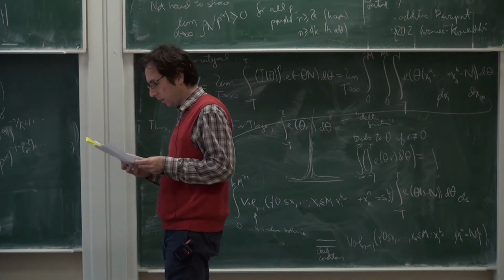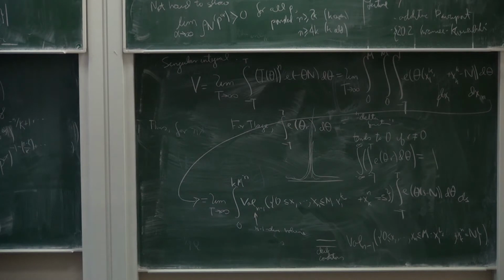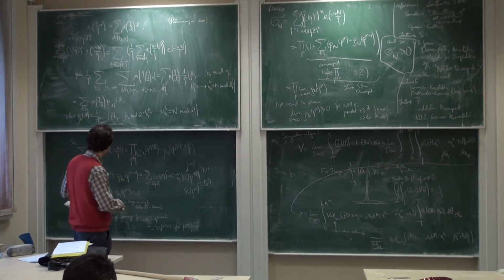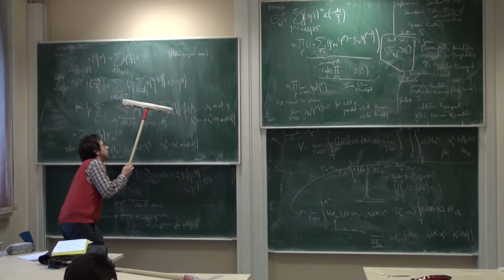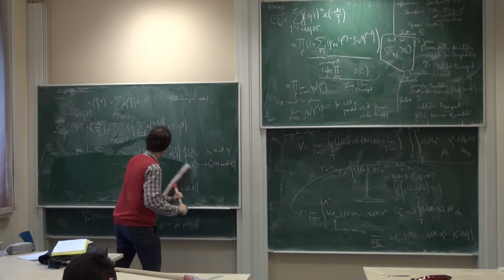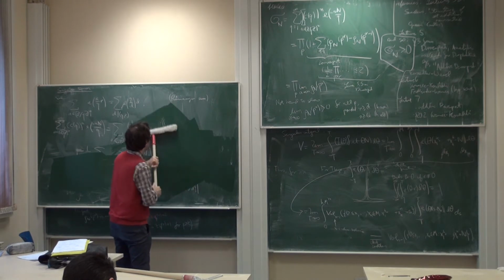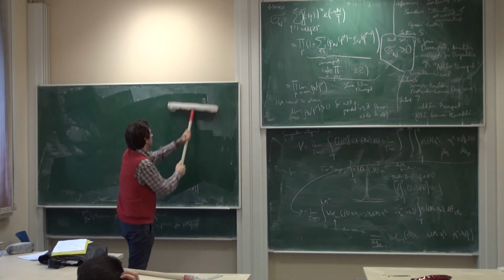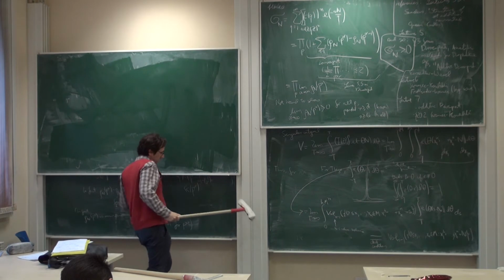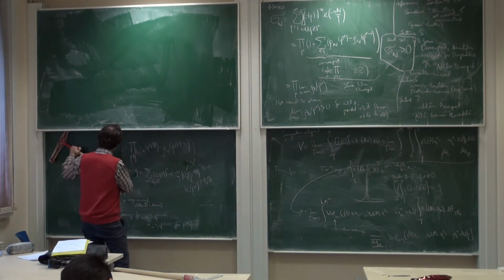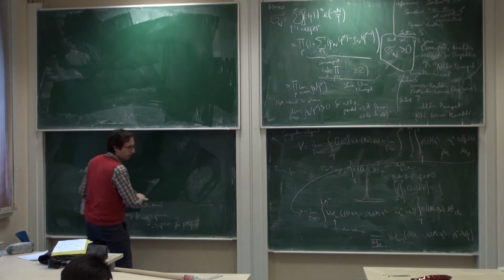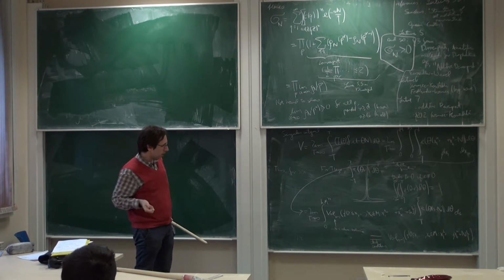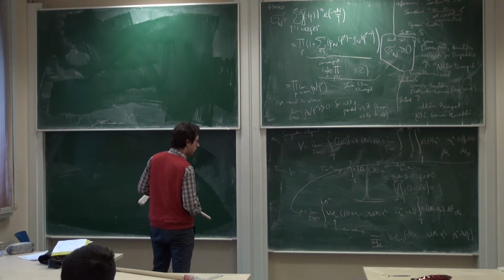In fact, I could even give you the explicit value here. So it's clear at least that this is a constant times m to the n minus 1.